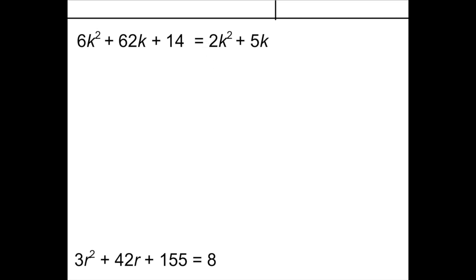So here we go. I'm going to start with this one. So this looks like, due to the existence of a b value, we are going to want to use the factoring method for this. We don't have another way to do it. So what I'm going to do is start by making it equal to 0 by subtracting 2k squared and 5k.